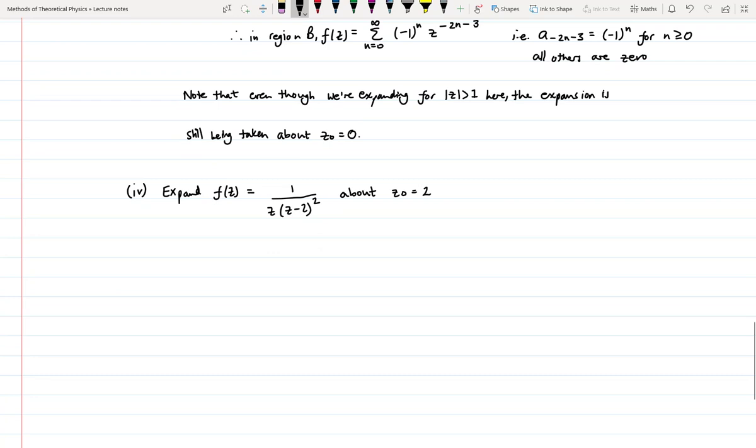Let's draw a picture. We have real, imaginary. We have singularities at the origin and also at plus 2, where the denominator equals 0.